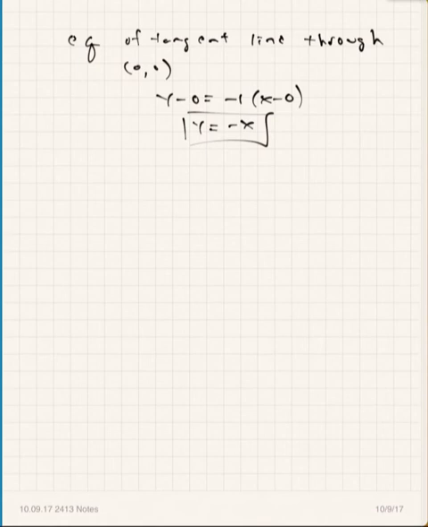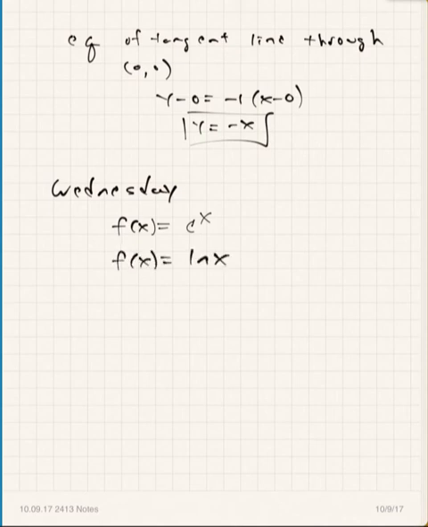So on Wednesday's class, we are going to talk about the functions f of x equals e to the x, and its inverse function, f of x equals natural log of x. And we're going to look at derivatives for these functions.